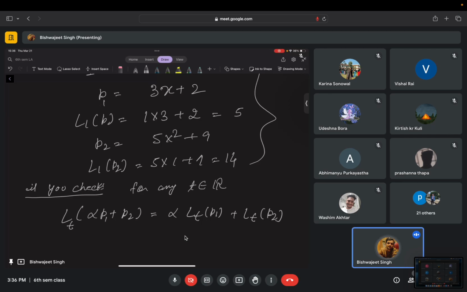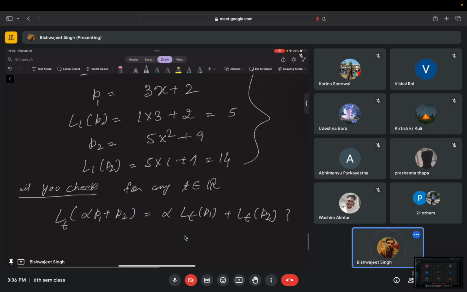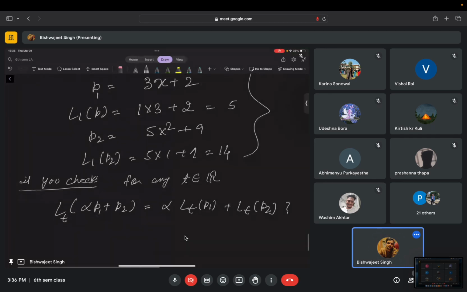This is something that I am giving you as an exercise or homework to verify. It is easy. You just have to follow the steps that we have followed previously. If you can't solve it, I'll provide you the solutions, that is not a problem, but I want you guys to try.